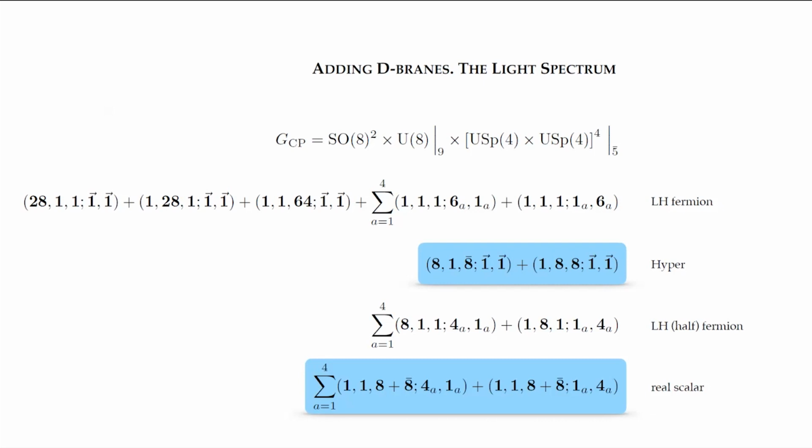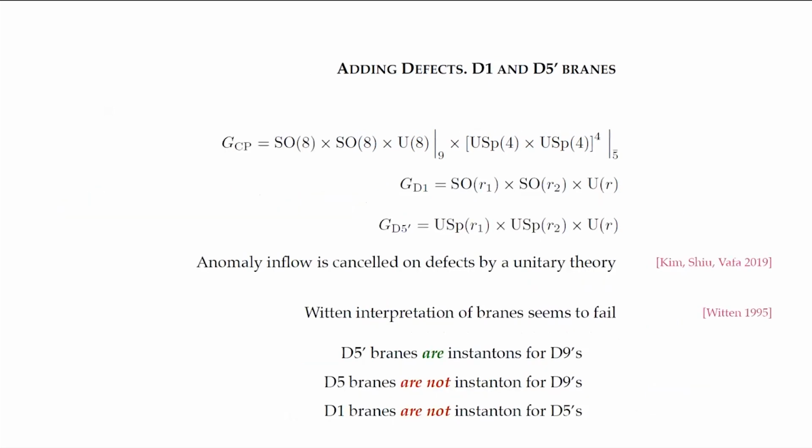And also, it seems complicated, or impossible, to magnetize this object in order to dilute the D5 branes in the bulk, on the D9 ones.